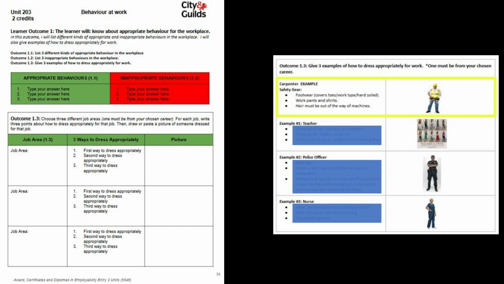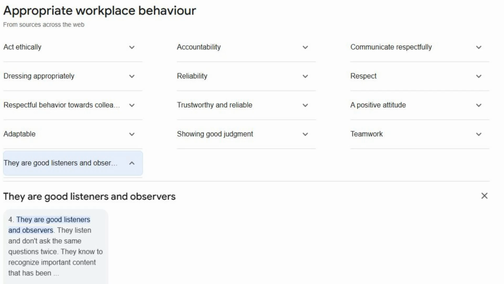appropriately at work. Now, Google search provides a list of appropriate workplace behavior. You see on the board you have your list: act ethically, accountability, communicate respectfully, dressing appropriately, reliability, respect, and so on. I need you to pause your screen and do your own research.